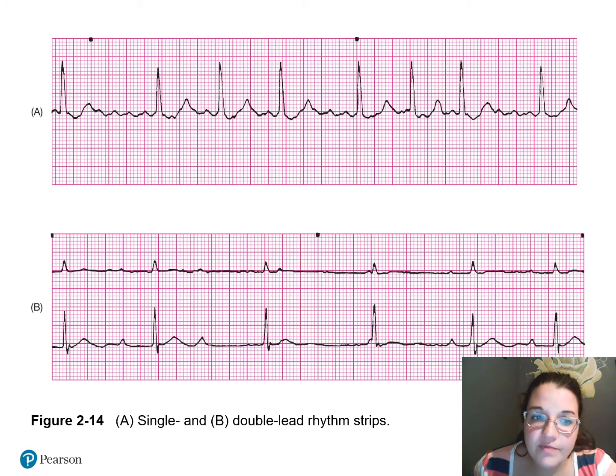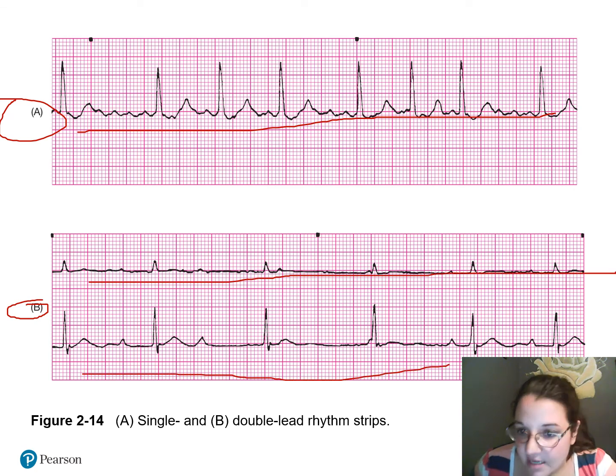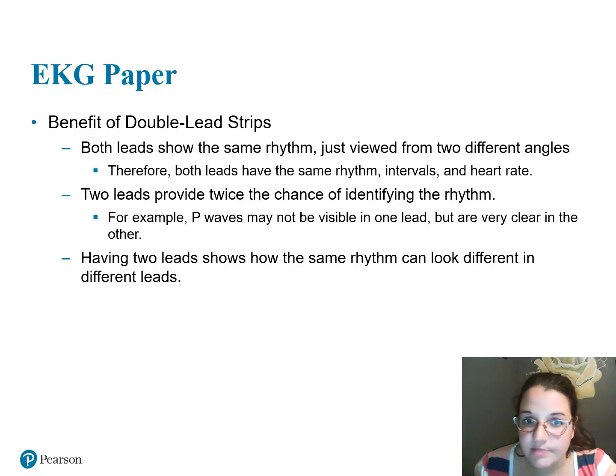On image A, this is just one view of the heart, but in image B, you'll see 2 views of the heart. It's the same heart at the same time, the same heartbeat, but notice that I can see better in the second view than in the first view, which is why we do a 12 lead EKG. So what is the benefit of double leads?